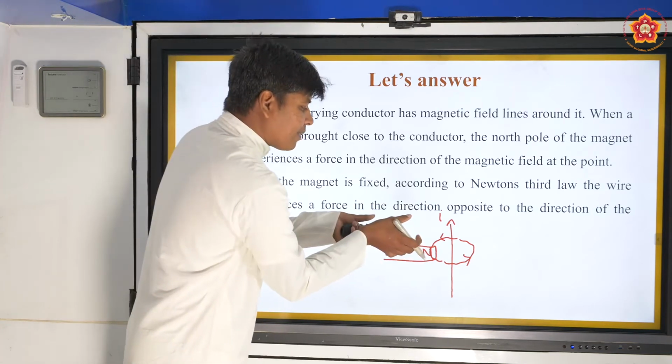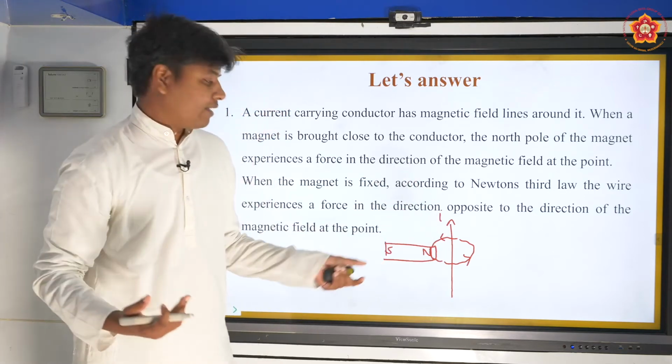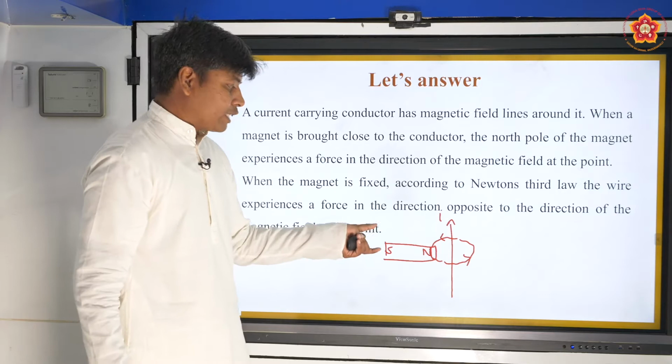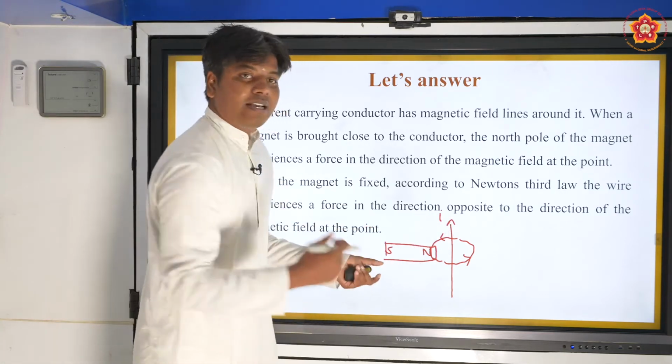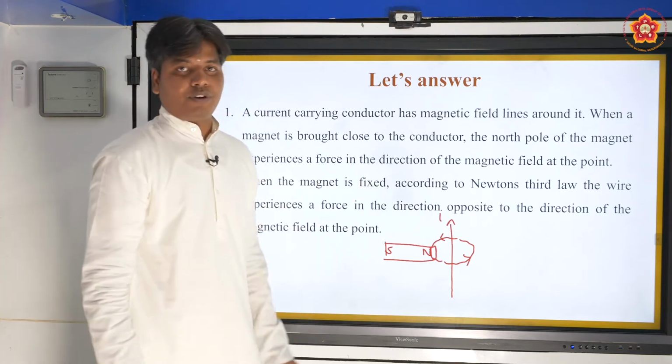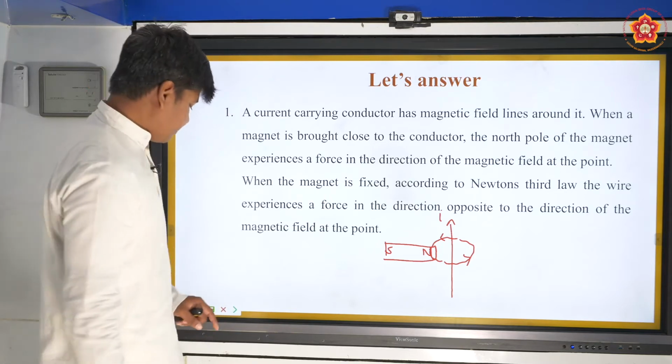I am keeping the bar magnet fixed and leaving the wire, so it should go in. That is the reaction. If the force experienced by the bar magnet is called action, and I am holding it and leaving the conductor, the reaction force will be inside the board. Understood? So this answers your first question.